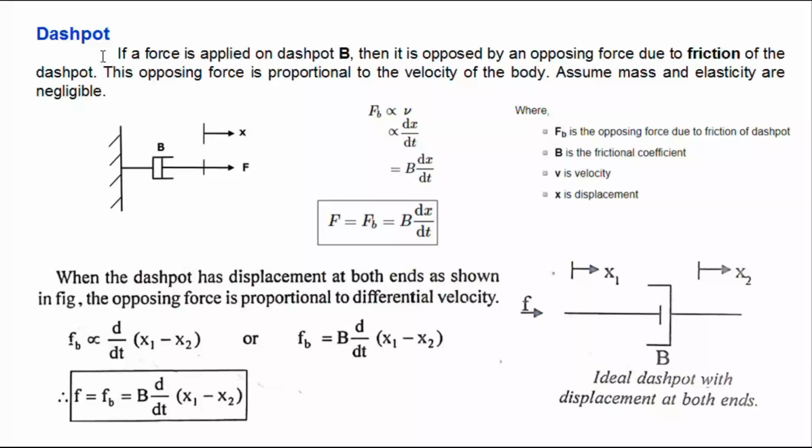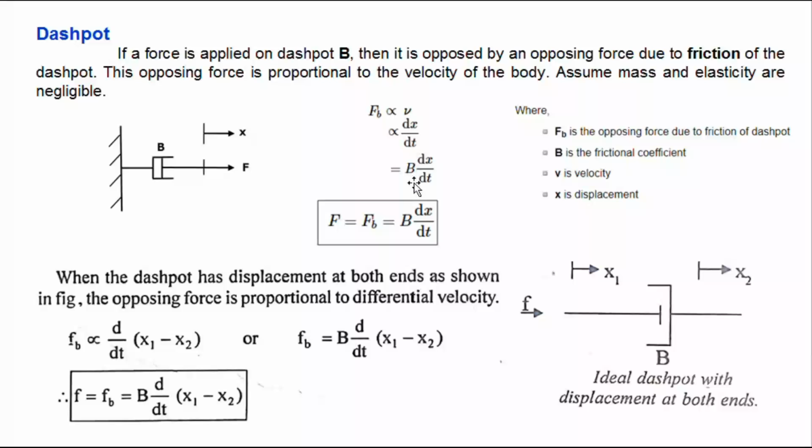Then the second element is the dashpot or damper element. Generally the piston or frictional elements are taken as the dashpot element. The dashpot is indicated by the letter B. This is the frictional coefficient. The force acting on this dashpot element is directly proportional to velocity. Mathematically, velocity is denoted as the first order differential equation dx divided by dt.